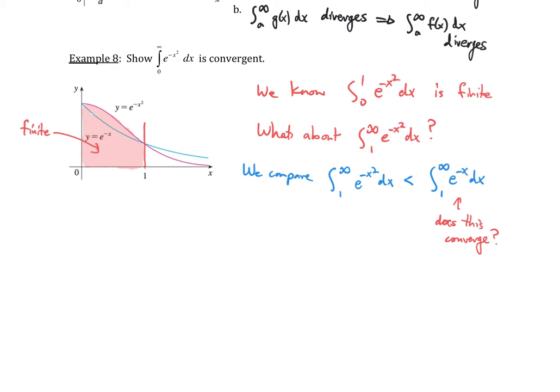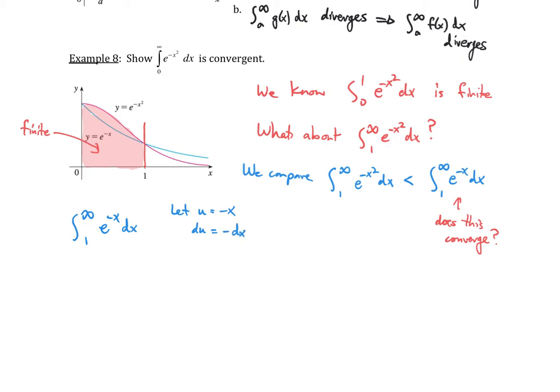So we have the integral from 1 to infinity e to the negative x dx like this. And what we're going to do is use u substitution. So we're going to let u equal negative x, then du is equal to negative dx.